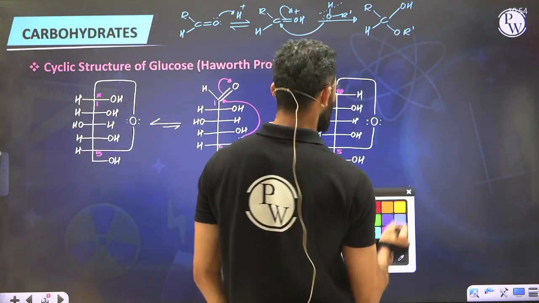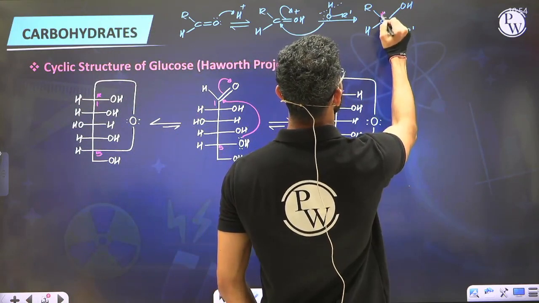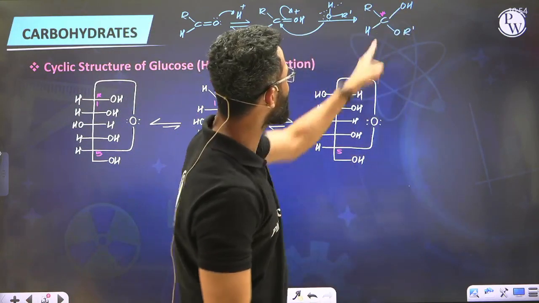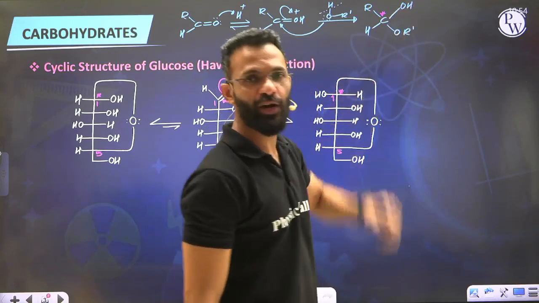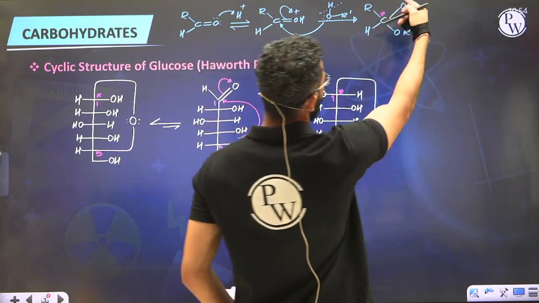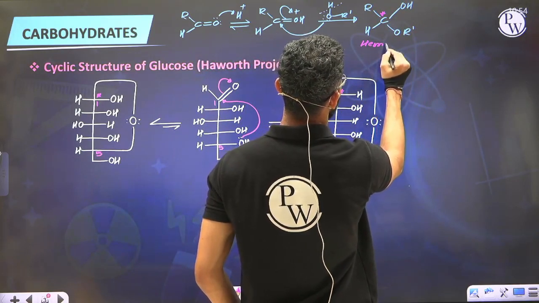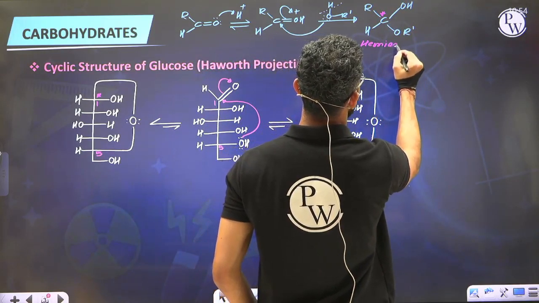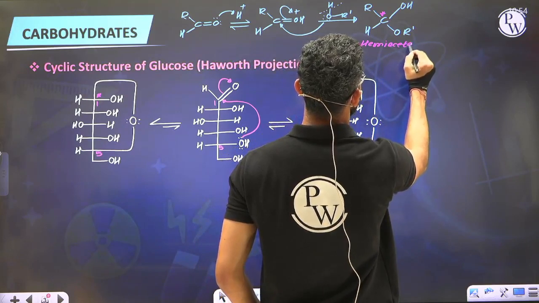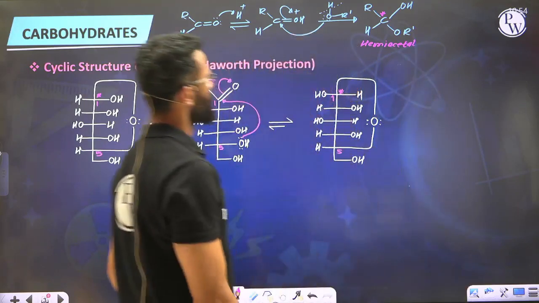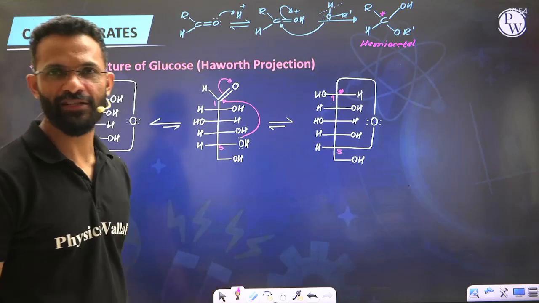Isn't this chiral? Yes, this is a chiral carbon, carrying one hydroxy group and one alkoxy group. Such a carbon having one hydroxy and one alkoxy group is what we referred to earlier in the chapter on carbonyl compounds as hemiacetal. So that is hemiacetal formation.